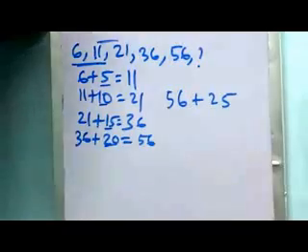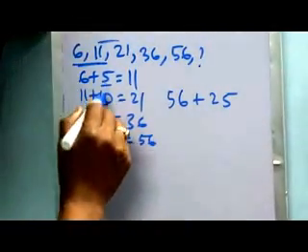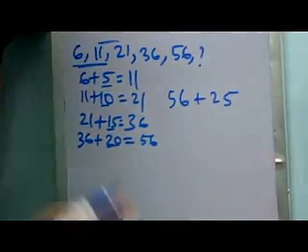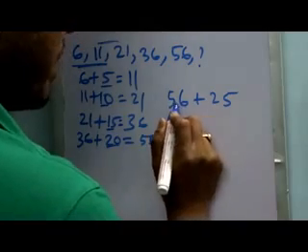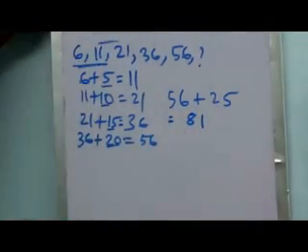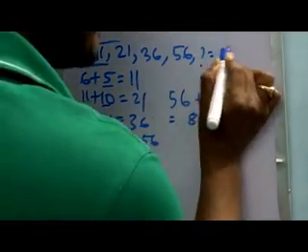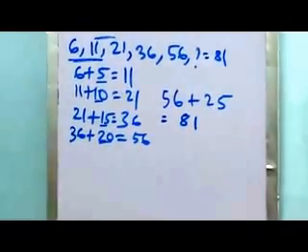If we take any number except 25, that plus 5 incremental pattern will be broken down here, and that should not be the logic. So what will be the next number? 81. So the question mark will be replaced by 81 to complete this particular series.